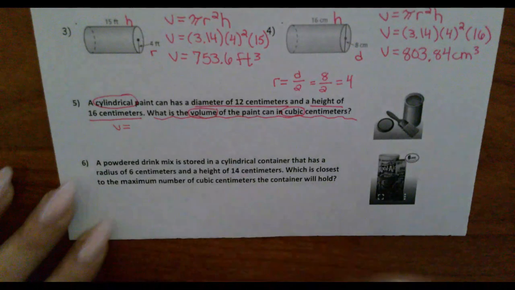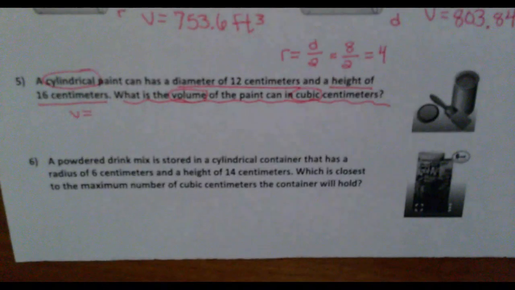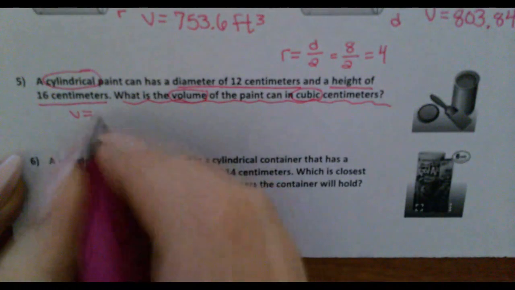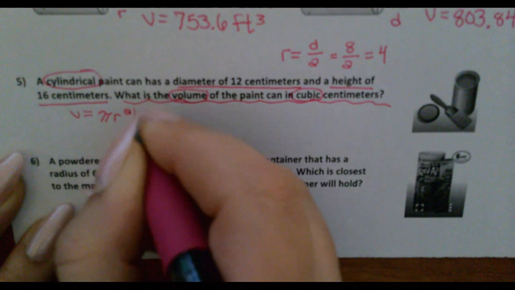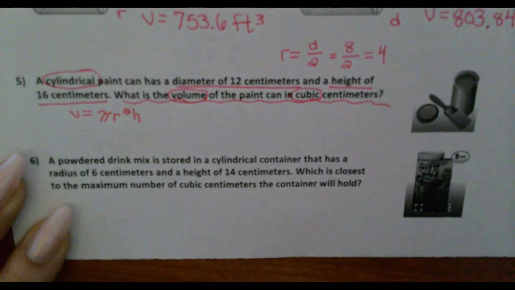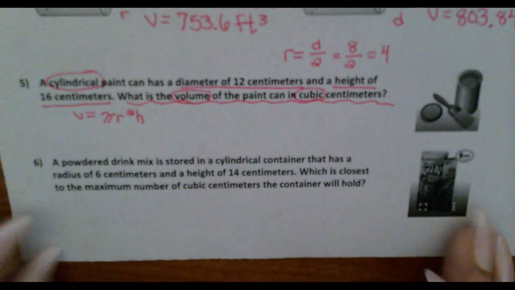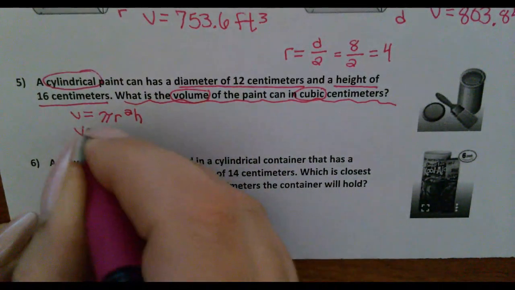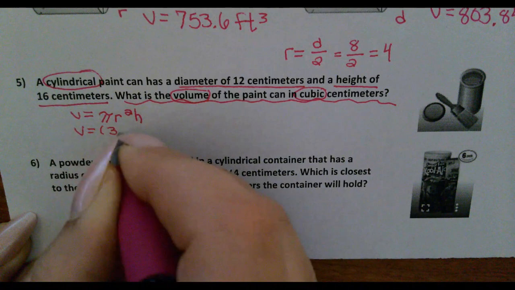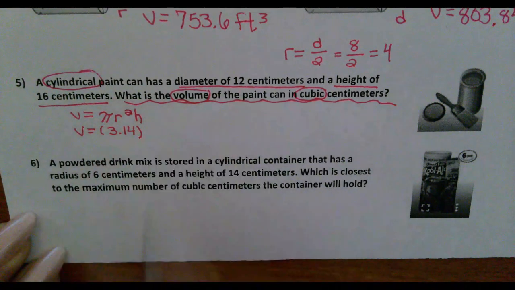All right, so formula. Volume, I'm gonna zoom in a little bit because I do have to write kind of small to make this fit. So our volume is equal to pi r squared h. Okay. I'm going to substitute in 3.14 for pi. Now, what is my radius?